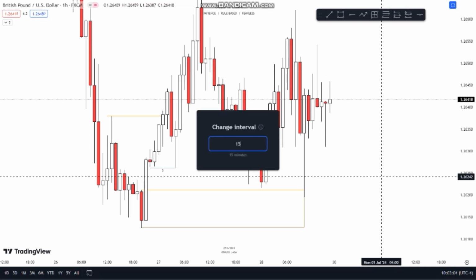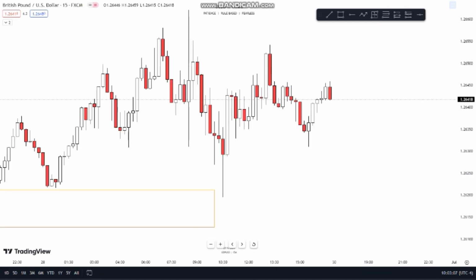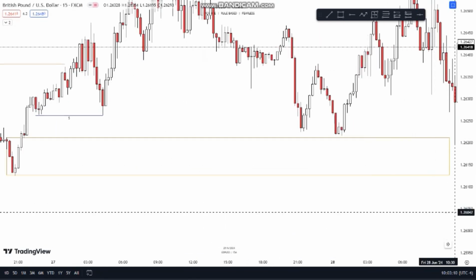So let me move to a lower time frame so that you can see this double bottom clearly.